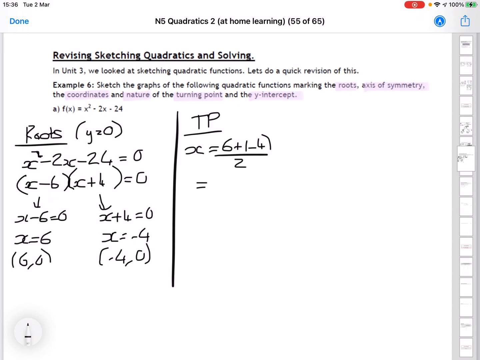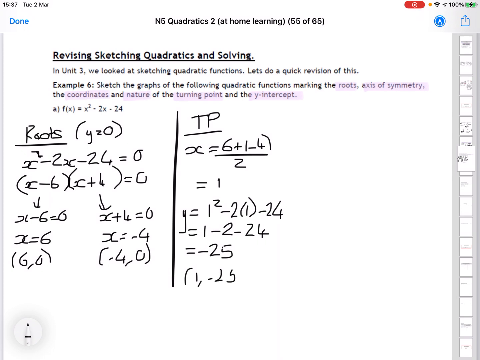So 6 plus minus 4, well that's just 6 minus 4, which is 2, divided by 2 is 1. Then to get the y-coordinate, we're going to substitute 1 back into our equation. So we're going to have 1 squared minus 2 times 1 minus 24. So that gives us 1 minus 2 minus 24, which is minus 25. So your turning point is (1, minus 25).